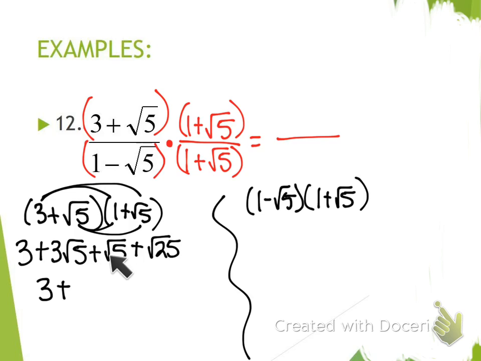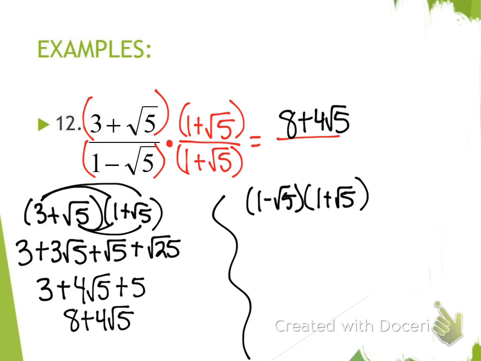These are both root 5s. What number is in front of this root 5? A 1. 3 plus 1 is 4 root 5. The square root of 25 is 5. What can get combined now? 3 plus 5 is 8, plus 4 root 5. So this is what I'm going to carry up to my numerator: 8 plus 4 root 5.